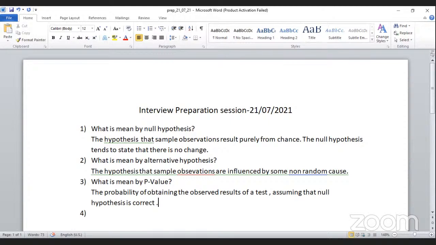There are a few more questions related to hypothesis testing that are generally asked in interviews, like what is meant by type 1 and type 2 error, and what is the difference between them. All those things they will also ask in actual real interview sessions.